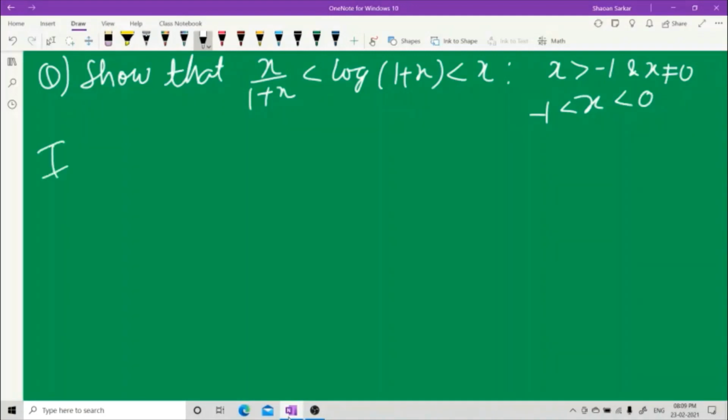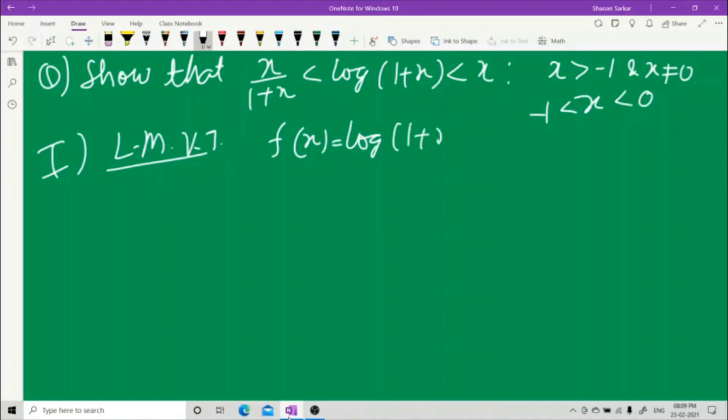The first method is Lagrange mean value theorem. Here f(x) is log 1 plus x on x to 0 because x is less than 0.